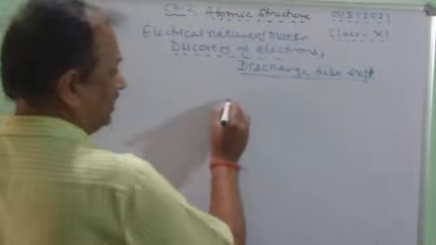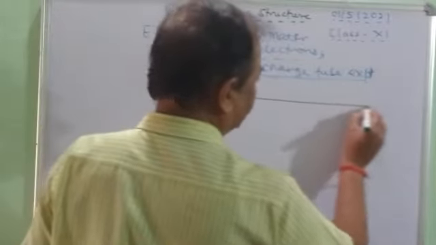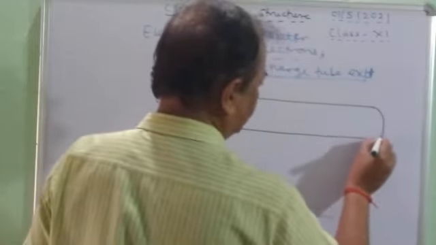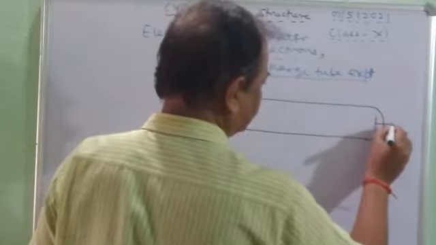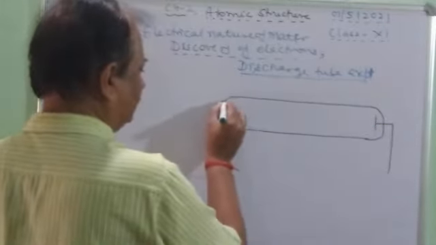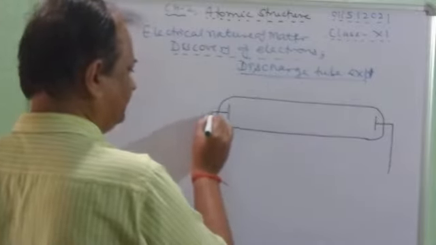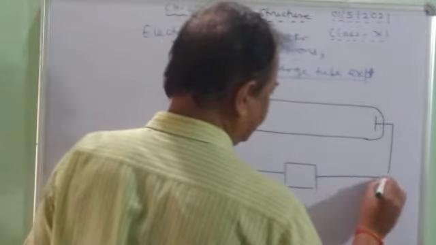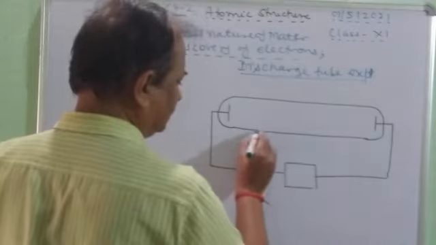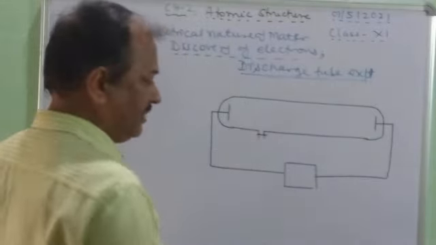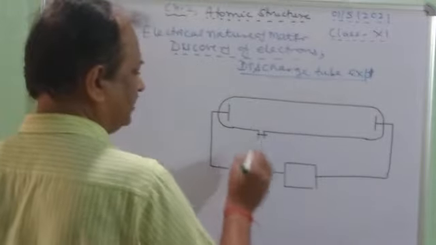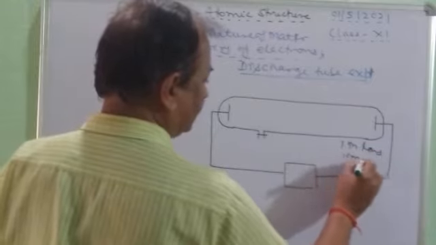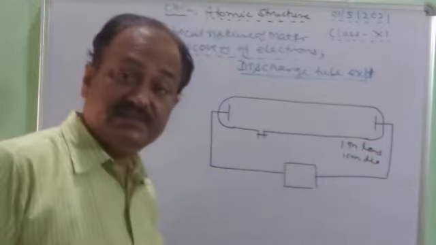The discharge tube is a hard glass tube, approximately 1 meter long and 1 centimeter in diameter, and here we have a side tube.